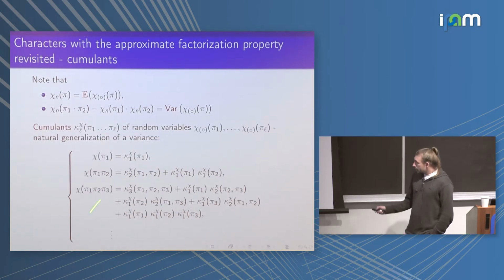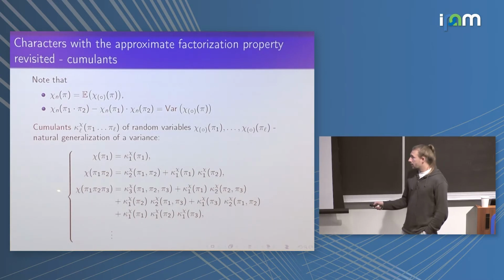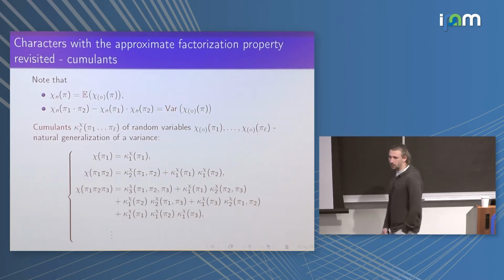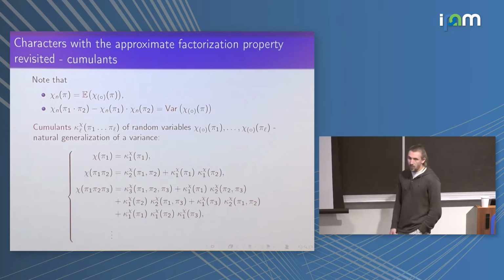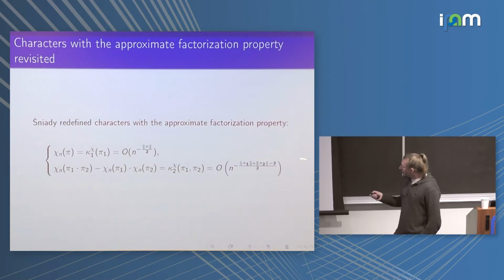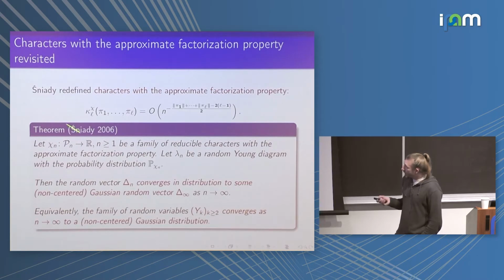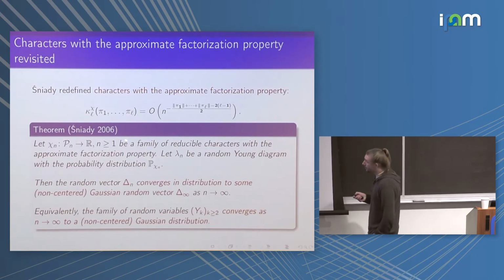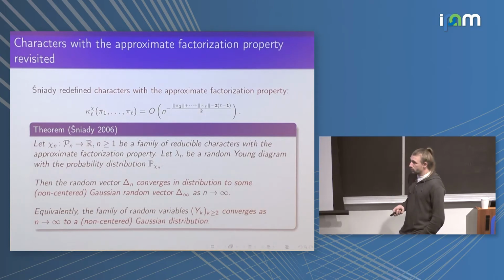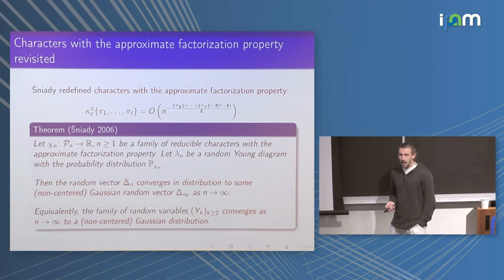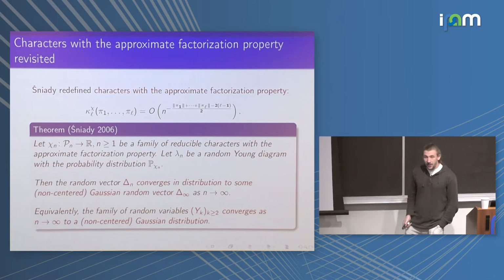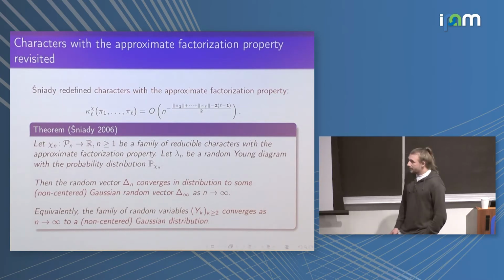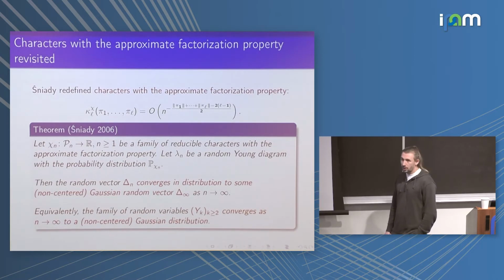So in our context, on the left-hand side, I just have a character evaluated in a product of disjoint partitions, and on the right-hand side, I have cumulants. So now, we can replace these two conditions by only one condition, and this is what Sniady did in 2006. So he redefined characters with the approximate factorization property, and he showed that if they satisfy this condition, then the associated random Young diagrams not only satisfy the law of large numbers, but also the central limit theorem.